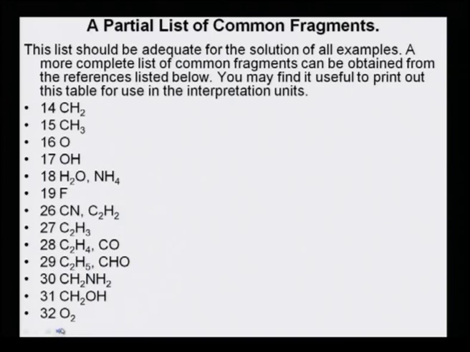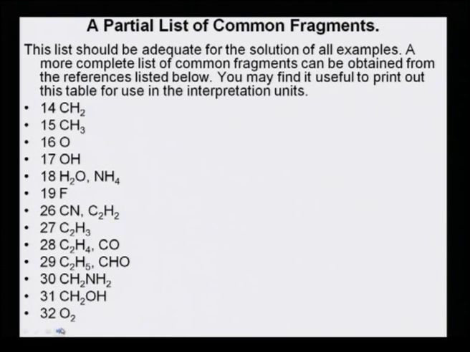Now, when we try to look at different fragments at different AMUs, that is atomic mass units, this 14, 15, 16 and so on depicts the atomic mass unit of a part of a molecule. It does not describe a molecule completely.